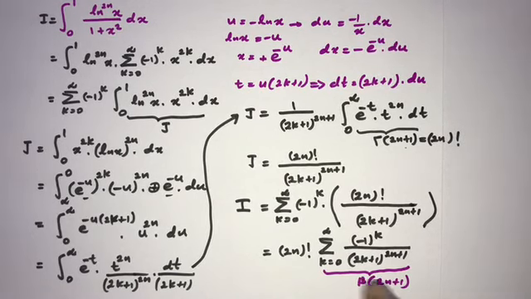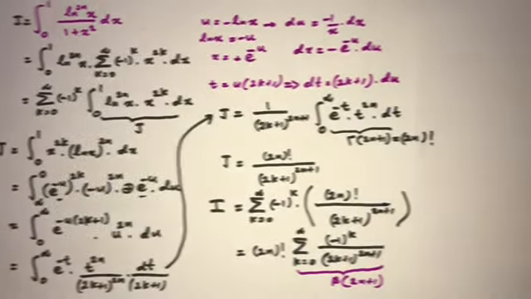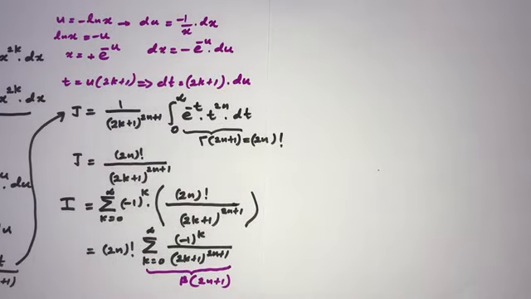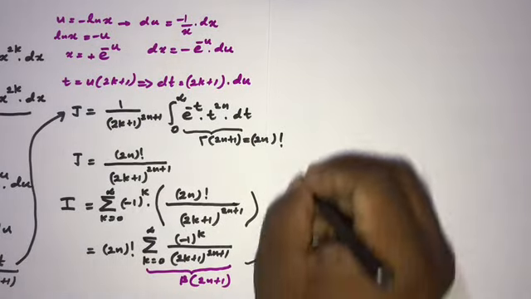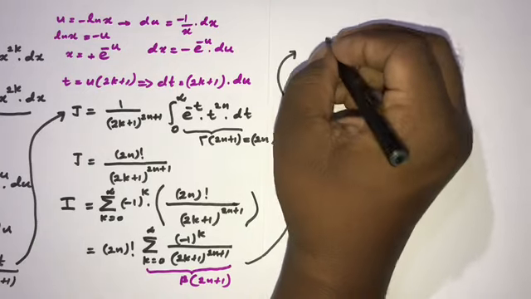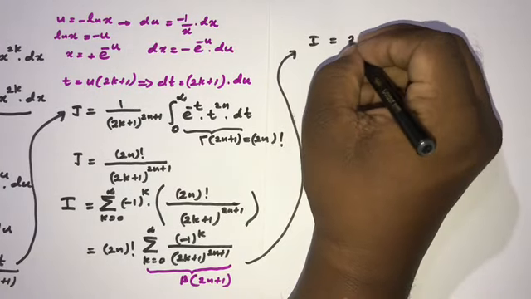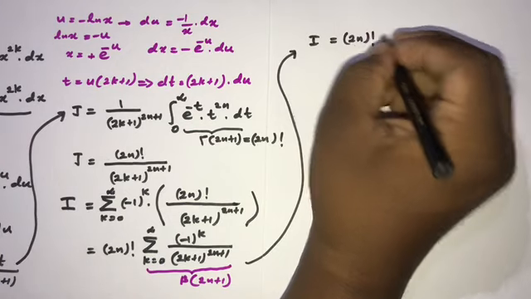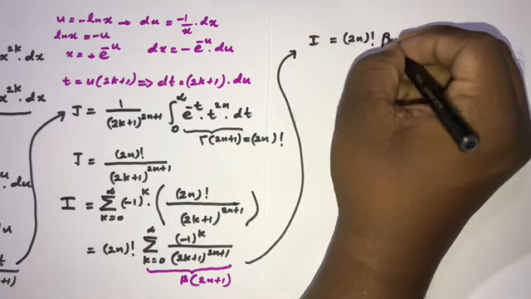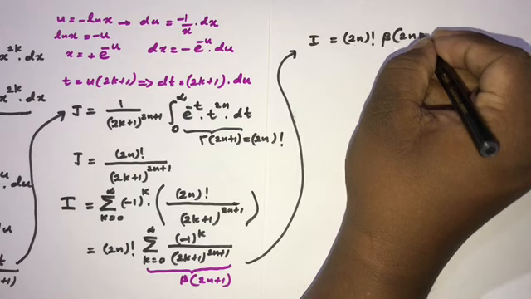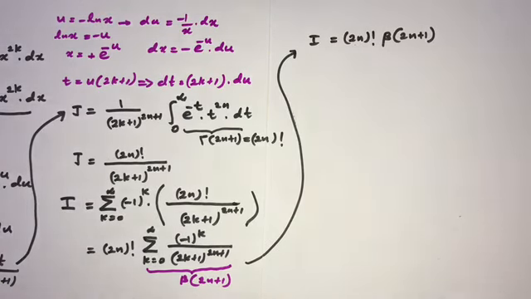As I remember, we used this function in a previous video. Now we can write I is equal to 2n factorial times beta of 2n plus 1.